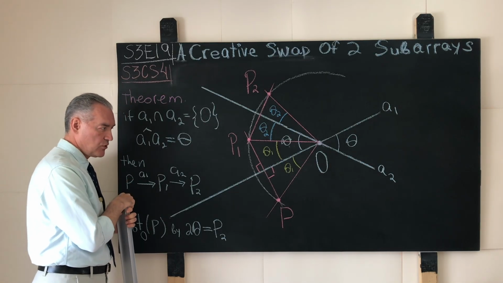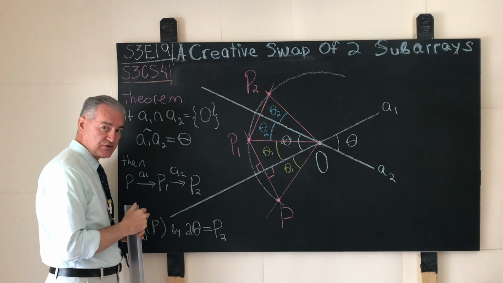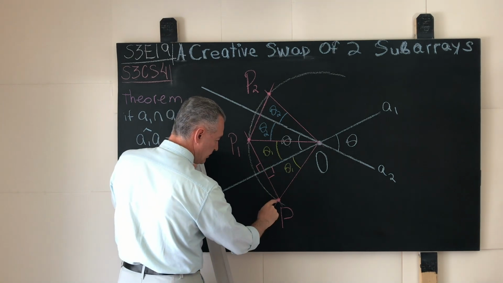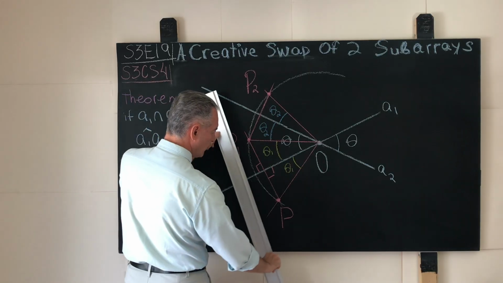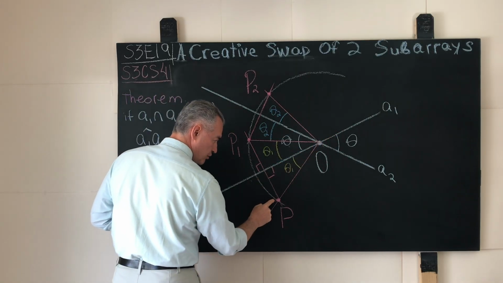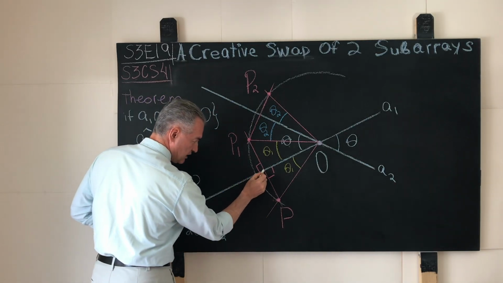It is very straightforward, no specialized knowledge, and this proof is based on the mechanics of this geometric transformation known as reflection. How do we reflect the point P in a given straight line, let's say A1? We construct a perpendicular to the axis of reflection A1 through the point P. This perpendicular will intersect the axis of reflection at another point.